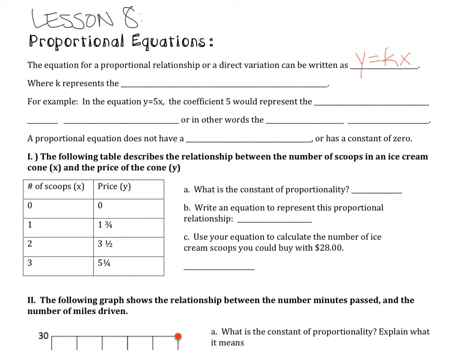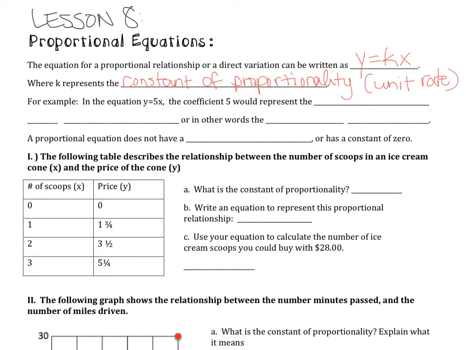This is very important. K represents the constant of proportionality, or otherwise known as our unit rate.